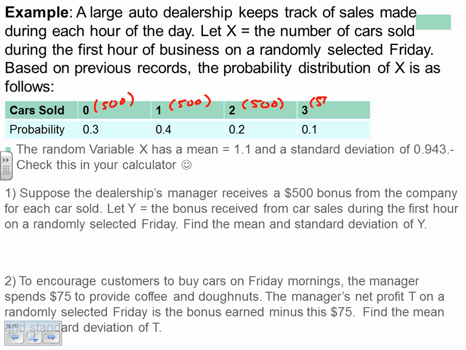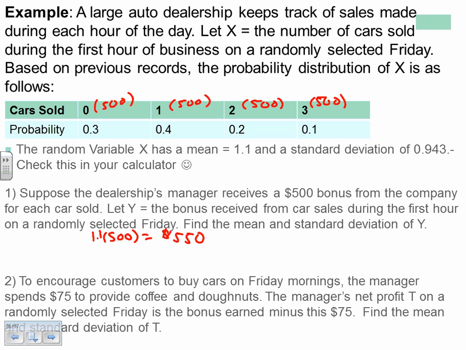So if I am multiplying, then I multiply whatever that mean was by 500 to get my new mean. So his average that he's going to receive is going to be $550.